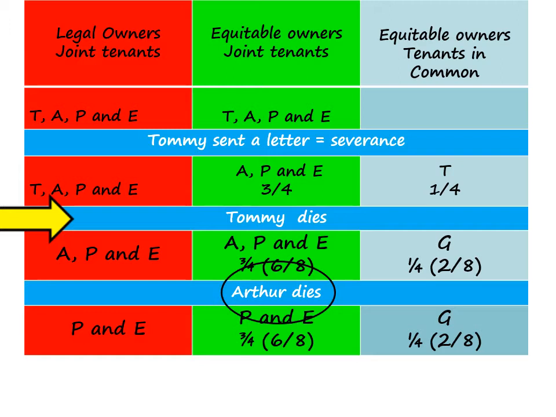He was a joint tenant in both law and equity, so the right of survivorship applies. So now Polly and Esme are joint tenants of the 3/4 or 6/8 share of the equitable estate, and Grace remains a tenant in common of the quarter share because she didn't benefit from the right of survivorship when Arthur died.